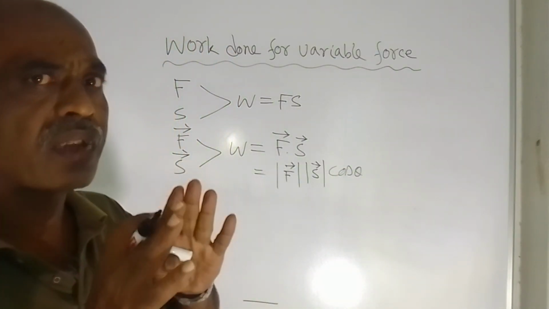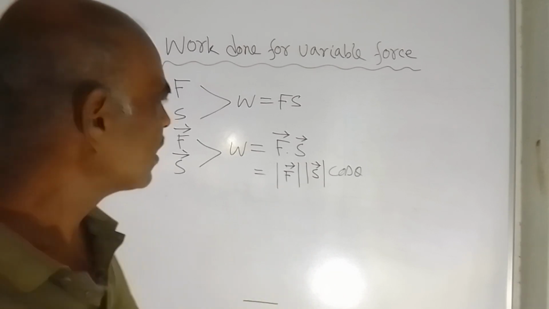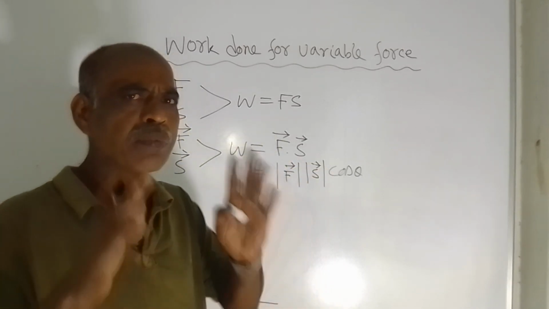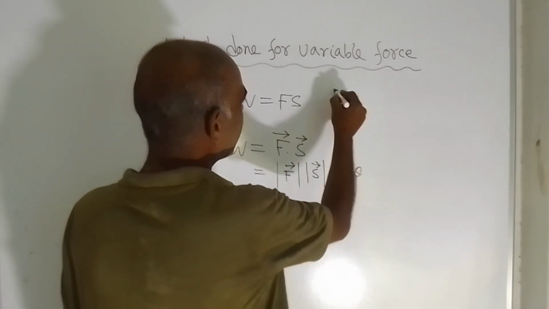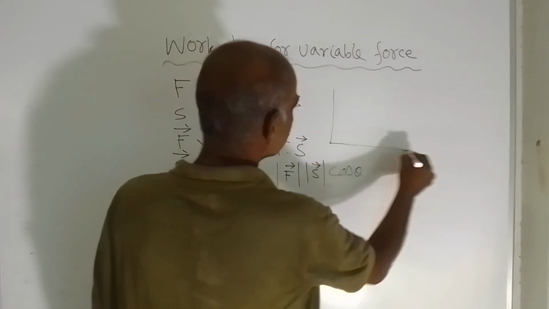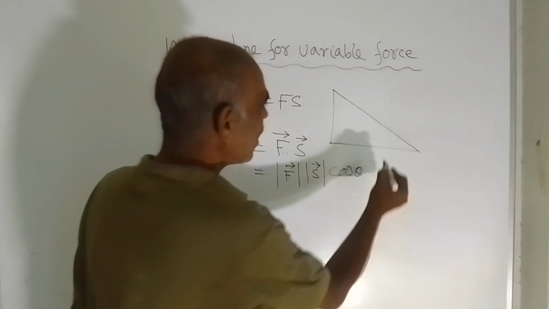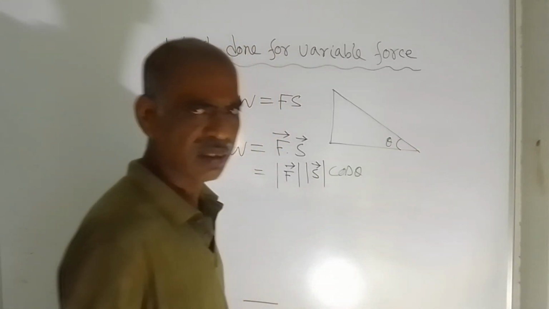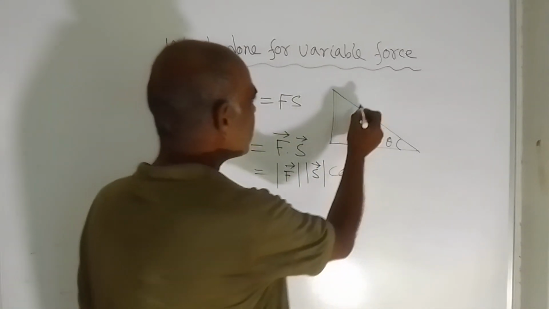But if the directions are different, in that case work done will be like this, F into S. I am giving you one example. Suppose you take one inclined plane like this. This is one inclined plane and the inclination of the inclined plane is denoted by theta.